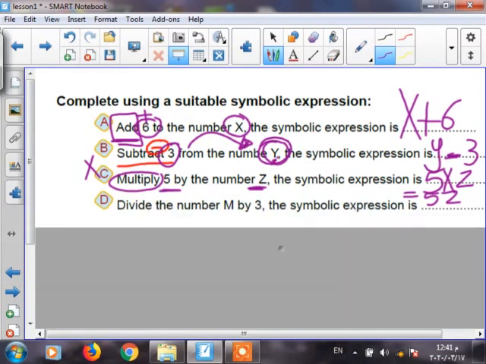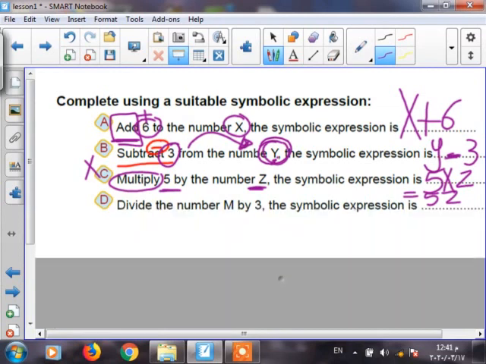The next one, divide. I have here divide the number m by 3, and I want to write the simple expression. Number 1, what is the meaning of divided? I want to divide the number m, so the first number is m divided by 3.